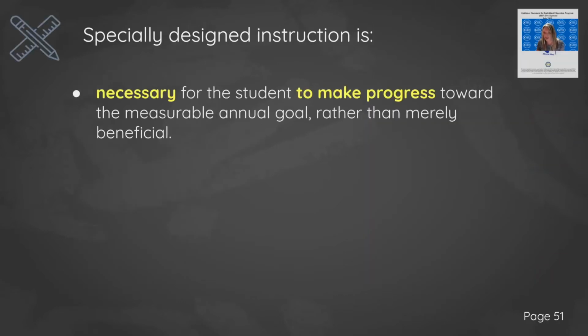Here's some key points about SDI. It's necessary for the student to make progress toward their goal, not just beneficial. For example, I've had students before who didn't meet the eligibility, it wasn't necessary for them to have a reader, but they needed help with comprehension.